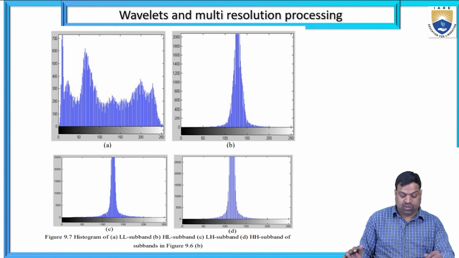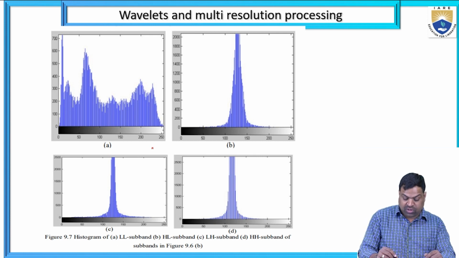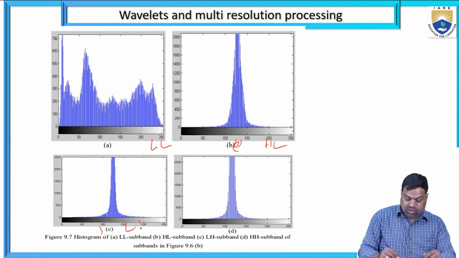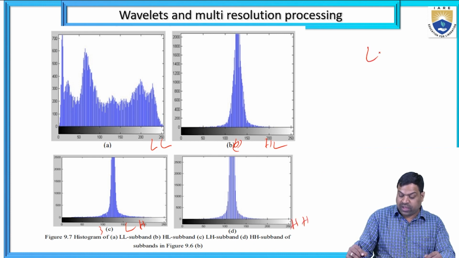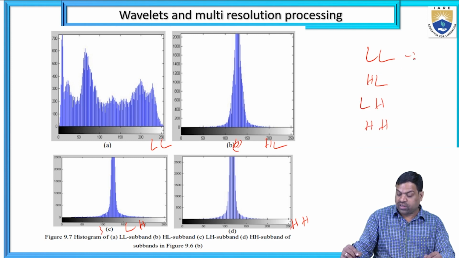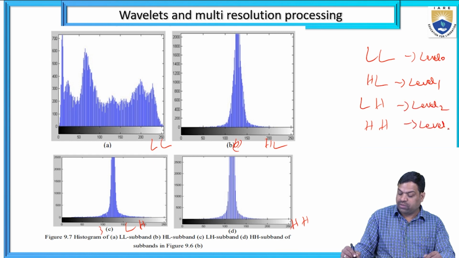These are examples of histograms of the low level subband and high level subbands: low low, low high, high low and high high, for level 0, level 1, level 2 and level 3.